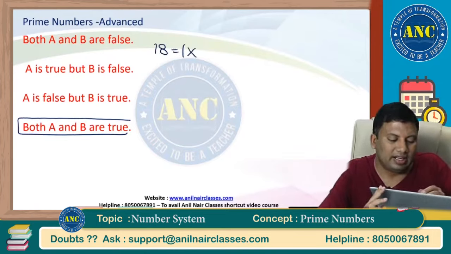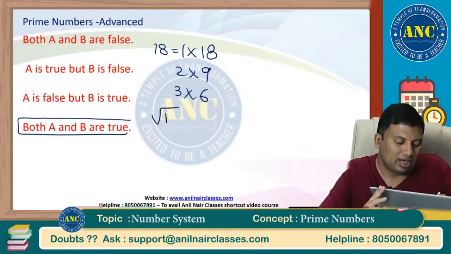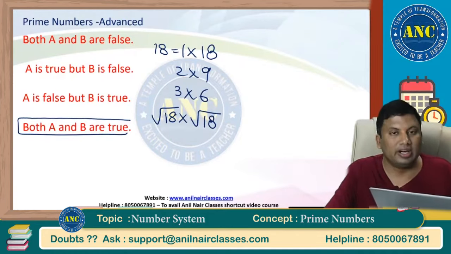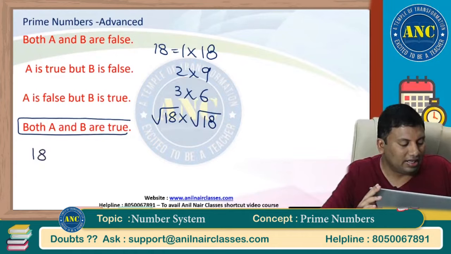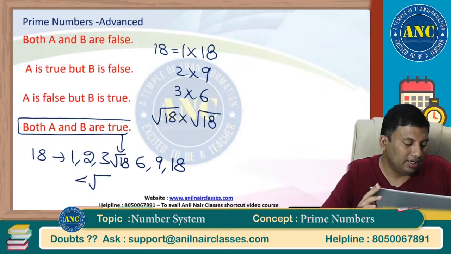18. It is nothing but 1 into 18, 2 into 9, 3 into 6 and root 18 into root 18. 18 factors are 1, 2, 3, 6, 9, 18. I will insert root 18. So, any integer less than root n, are there any factors?